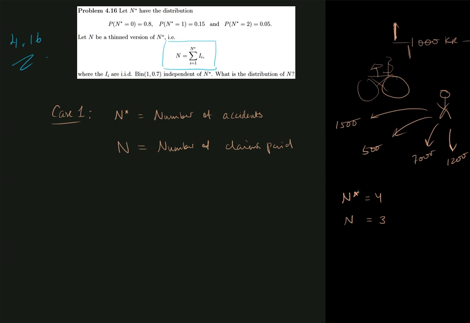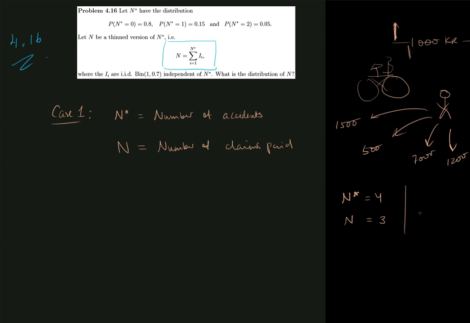Now, what do we have that is quite interesting here? One question that we may ask ourselves is, what can N be if we know N star? So if N star is 4, can N be 5? So if we have 4 accidents, can we have 5 claims paid?